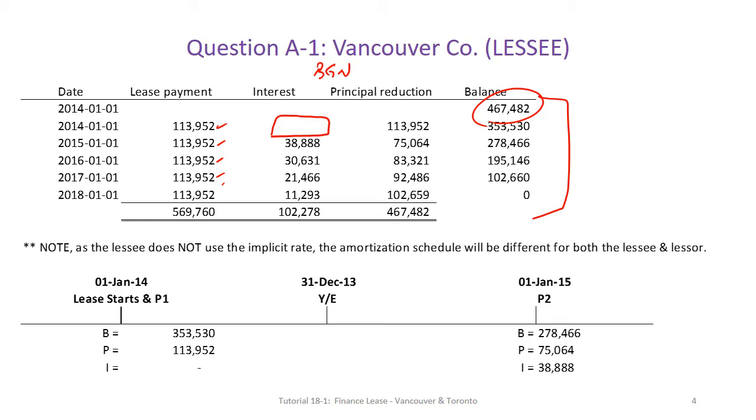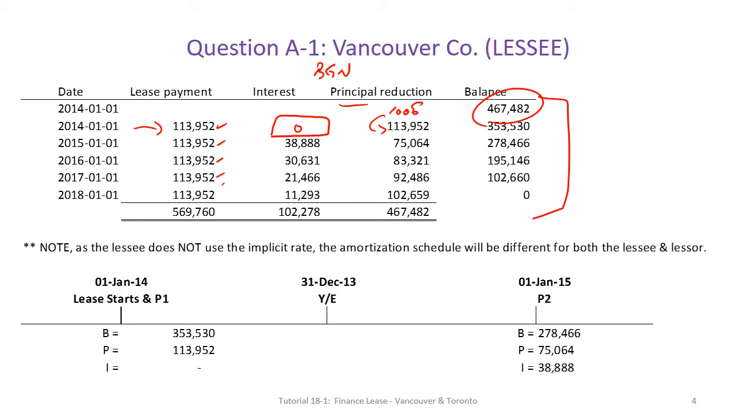So it's important to remember that the very first lease payment made up front is 100% principal reduction. There is no interest, and so all of it reduces the balance of the lease obligation.